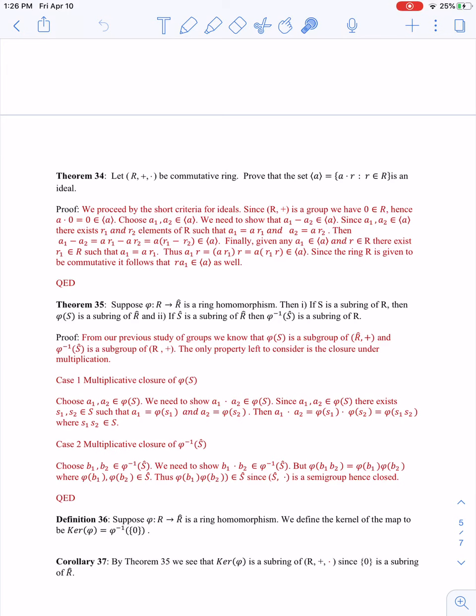Well, so I take this and I plug it into phi. Since phi is a ring homomorphism, it's equal to phi of B1 times phi of B2. But remember, B1 and B2 were in phi inverse of S hat. So that means that phi of B1 and phi of B2 are both in S hat. Well, S hat is a subring, so the product is in S hat as well.